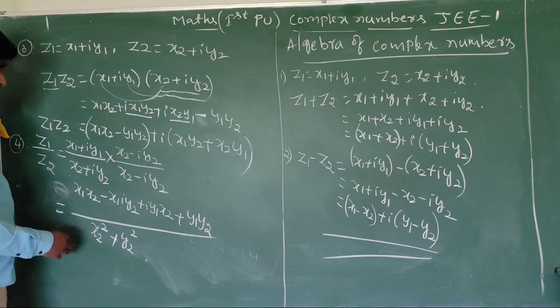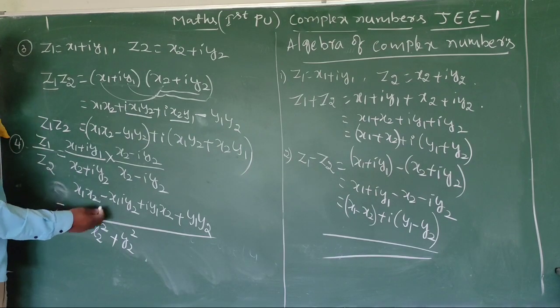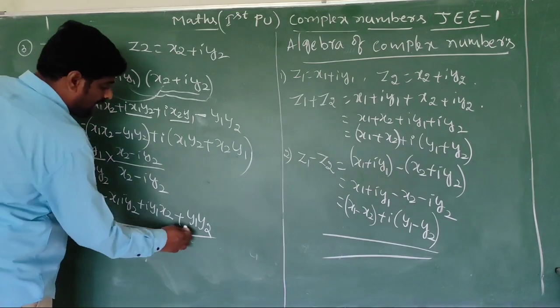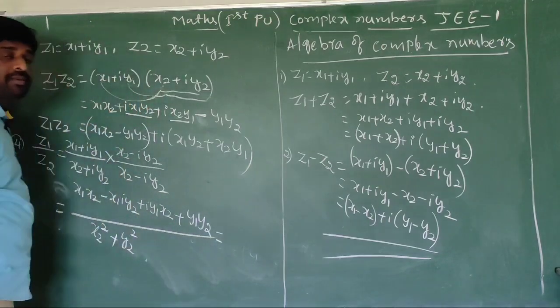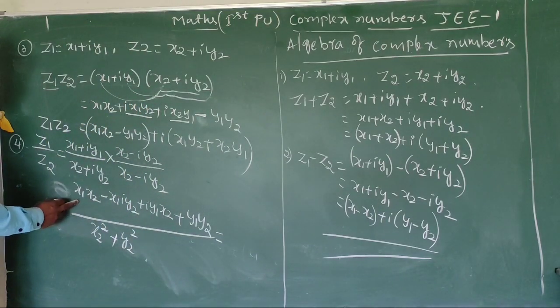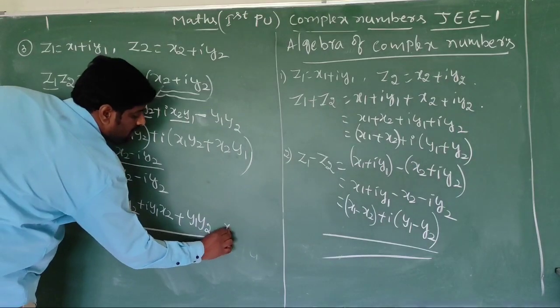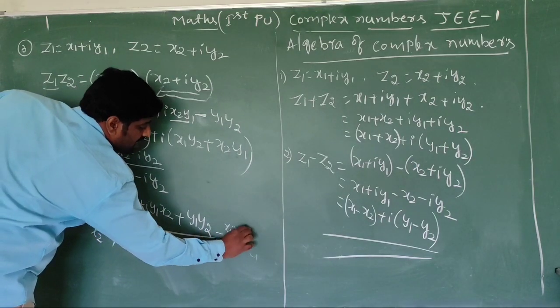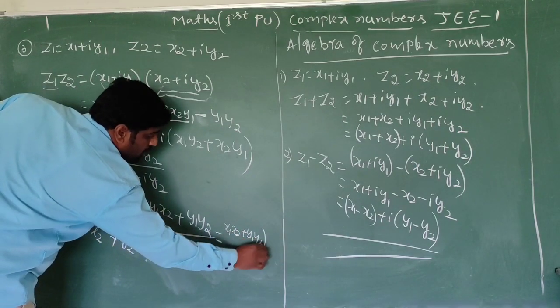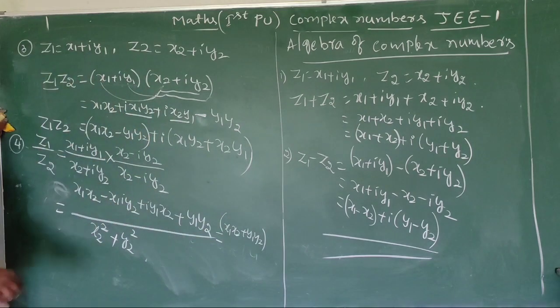Okay, and here you separate the real parts and separate the imaginary parts. So x1 x2 plus y1 y2, okay, x1 x2 plus y1 y2.